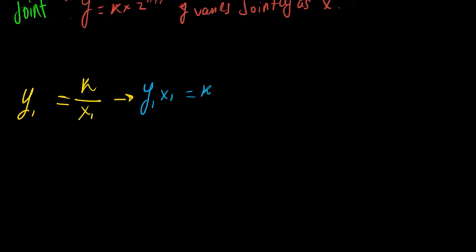Now, let's look here and let's watch this. If we say y2 varies inversely with x2, what does this say? What is the value of k?